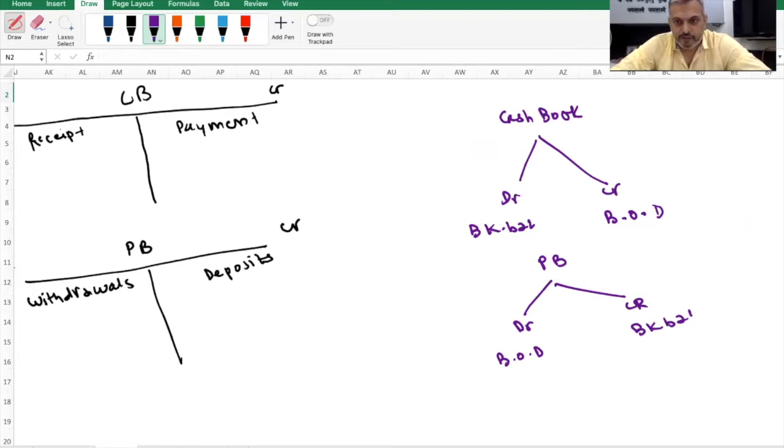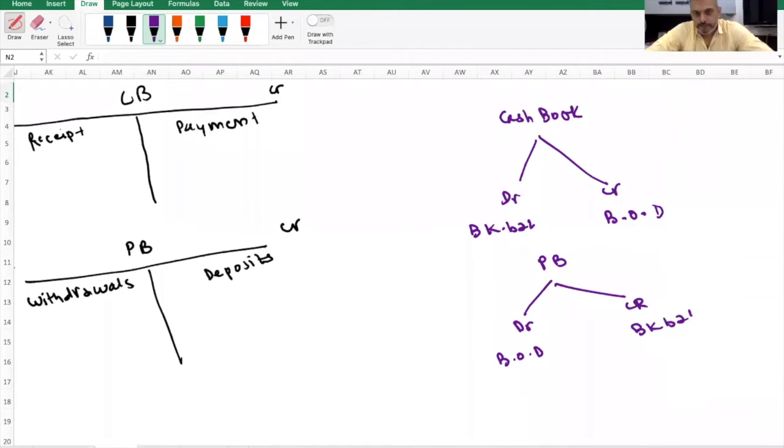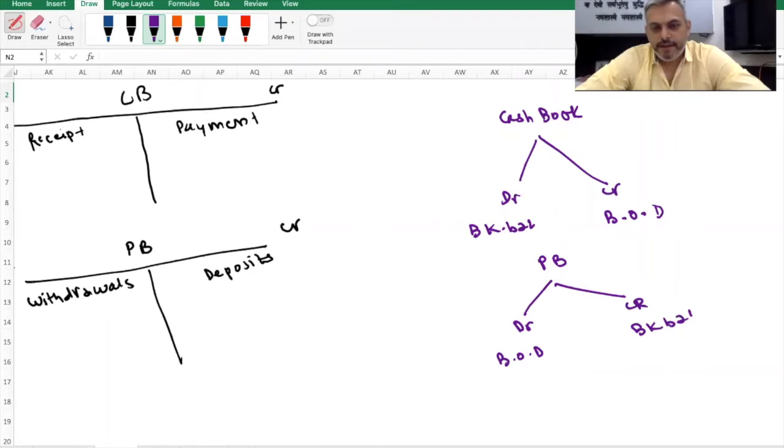I'm asking you students, please respond. Will this balance of 30,000 be bank balance or bank overdraft as per passbook? Bank balance. Yes, very good. It will be bank balance as per passbook. So when you start the sum, don't just write balance as per passbook.